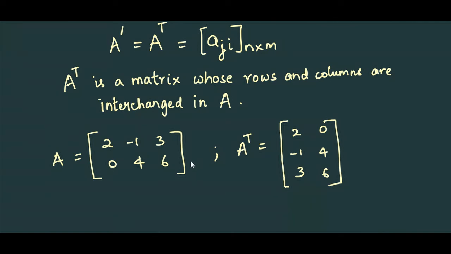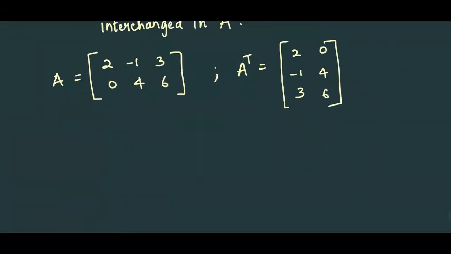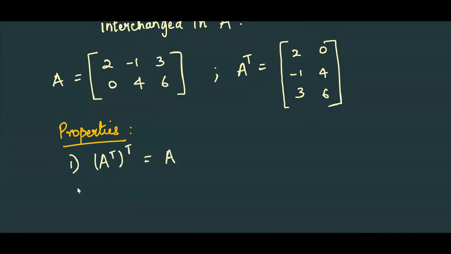And then there are properties of transpose. What are the properties of transpose? A transpose transpose is equal to A. Now these are important properties, and again in various methods of solution of simultaneous equations.